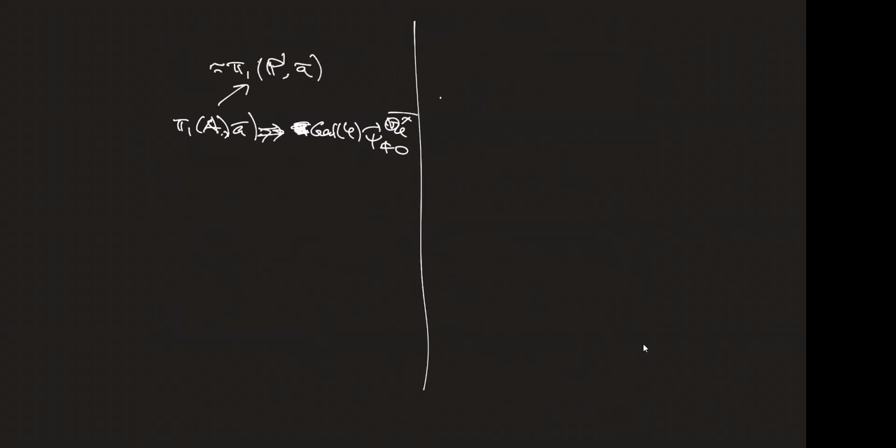This is the same as pi1 of spec K, because the projective line has no non-trivial covers, kind of. We have also this map, which is the trivial map. Okay. And now we have just said that psi extends to pi1 of P1.